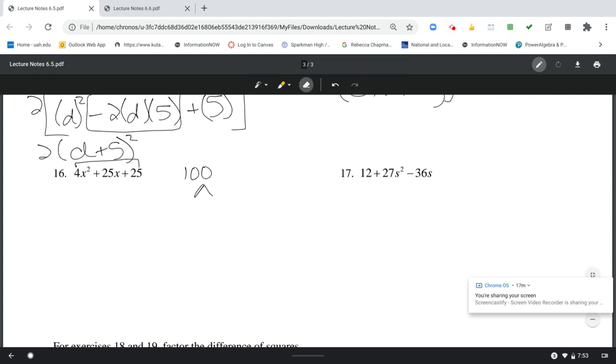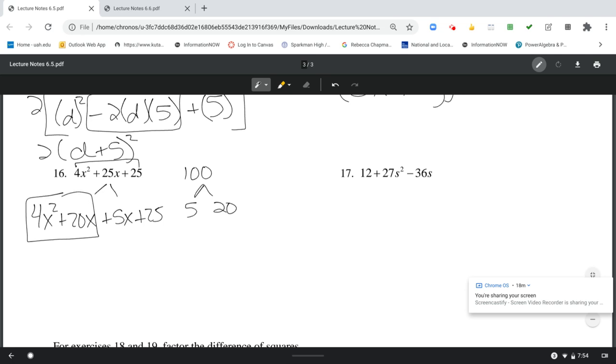It would be 5 and 20. The factors of 100 that add up to 25 would be 5 and 20. So I'm going to rewrite this as 4x squared plus 20x plus 5x plus 25. If you did not watch the greatest common factor factor by grouping, please do so.